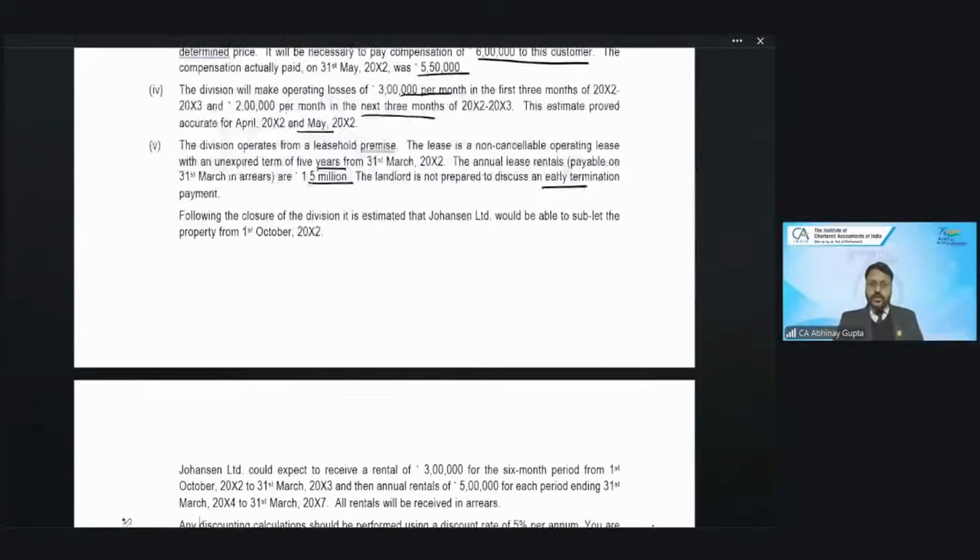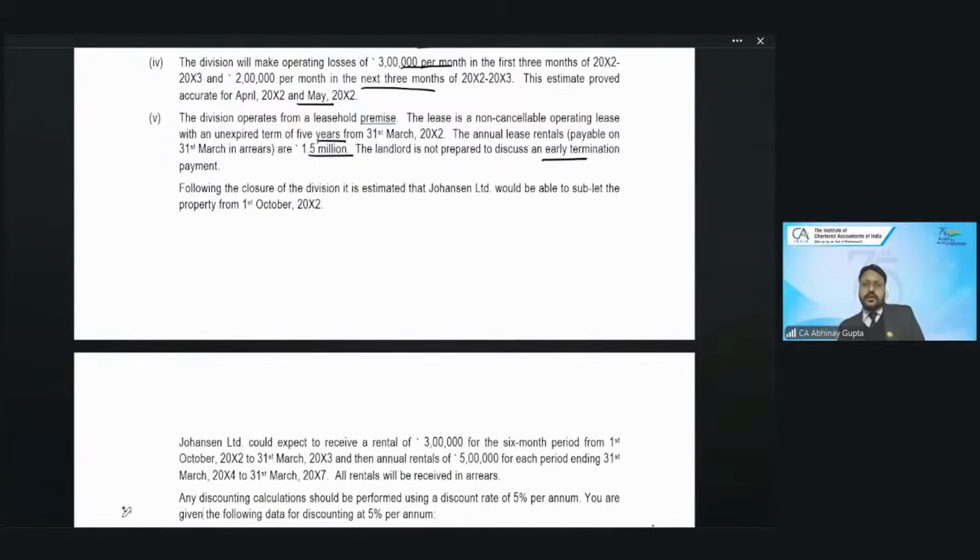Following the closure of the division, it is estimated that Johnson Limited would be able to sublet the property from 1st of October 2002. Johnson Limited could expect to receive a rental of 3 lakh for the first 6 months period from 1st of October to 31st March 2003, and then annual rentals of rupees 5 lakh for each period from 31st March 2004 to 2007, right? All rentals are received in arrears.